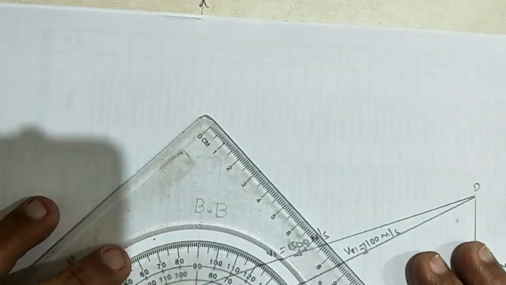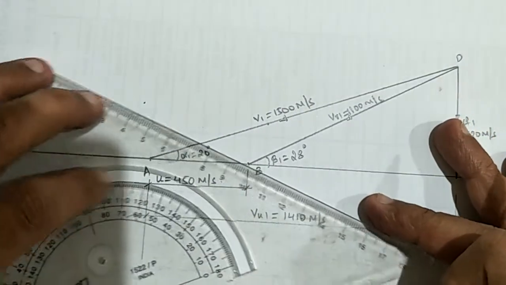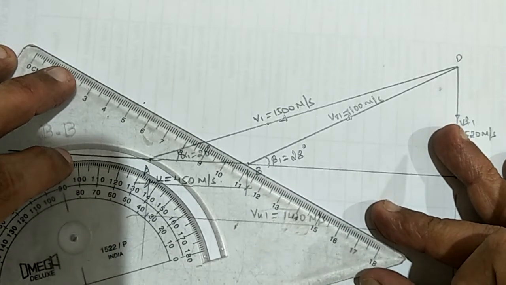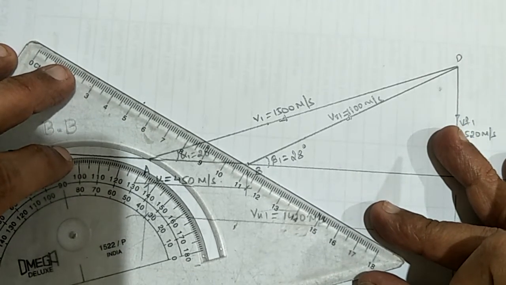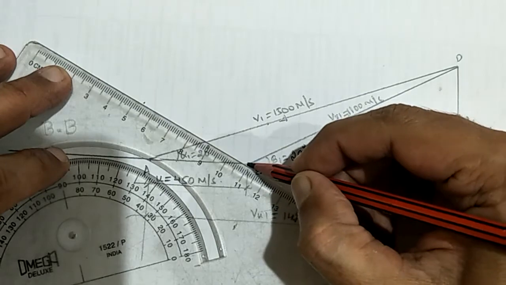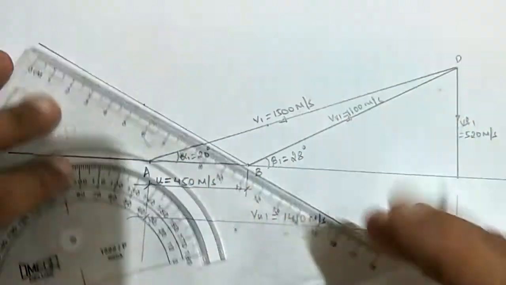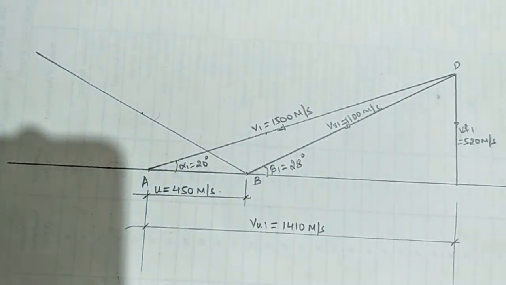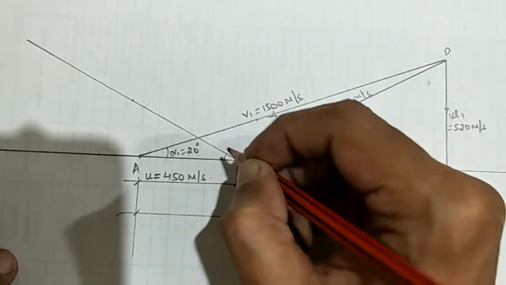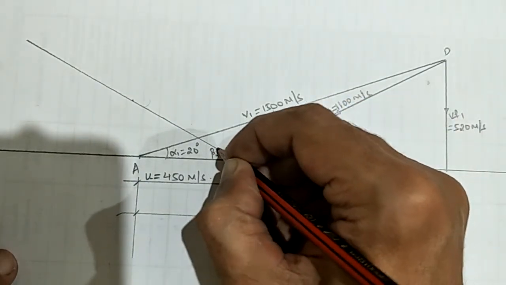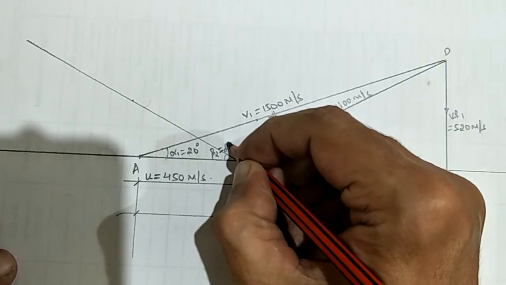I draw a line of sufficient length. Solving the problem by the graphical method is quite easy, right? So I have drawn a line at an angle of beta 2 equal to 28 degrees.